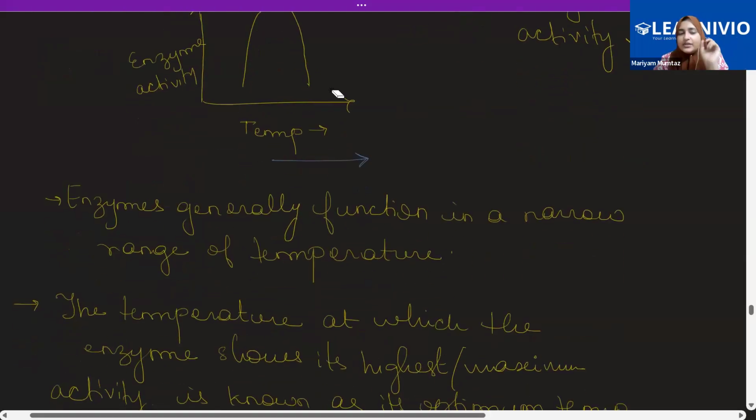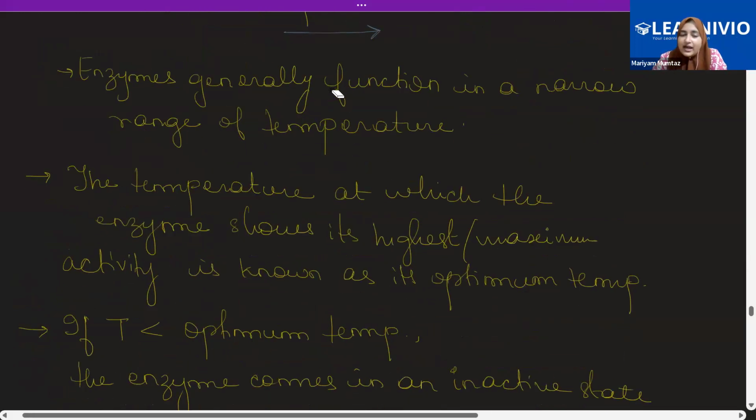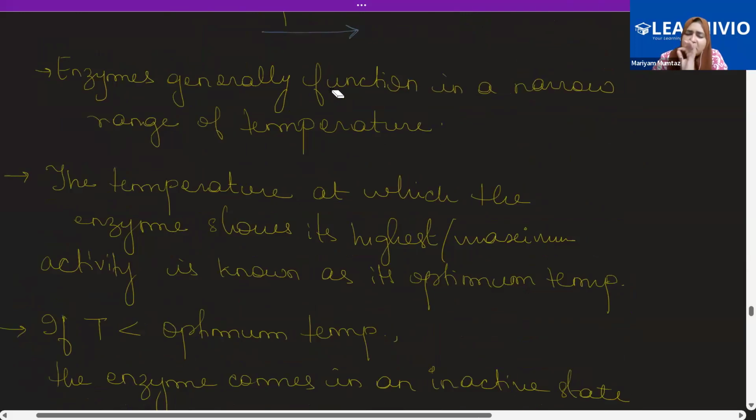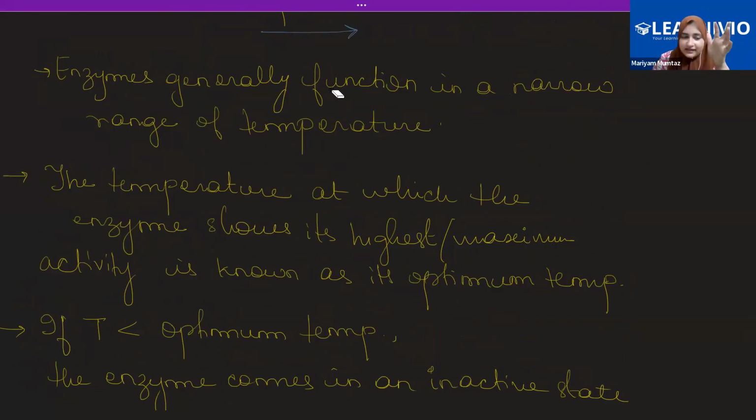So enzymes generally function in a narrow range of temperature. The temperature at which the enzyme shows maximum activity is called the optimum temperature, and it is different for different enzymes. Few enzymes have 20 degrees as their optimum temperature, few have 30 degrees, and it varies.